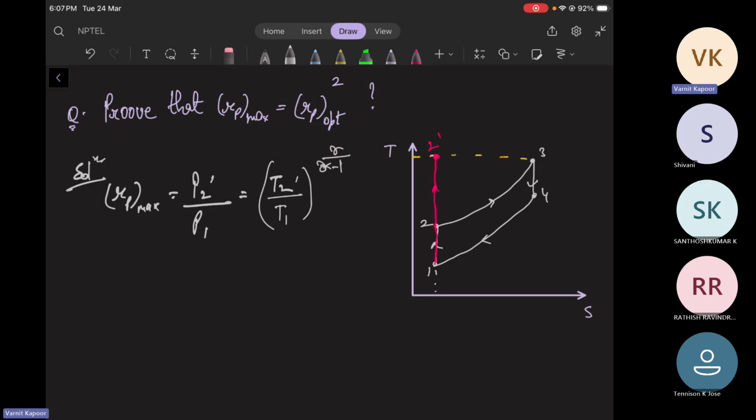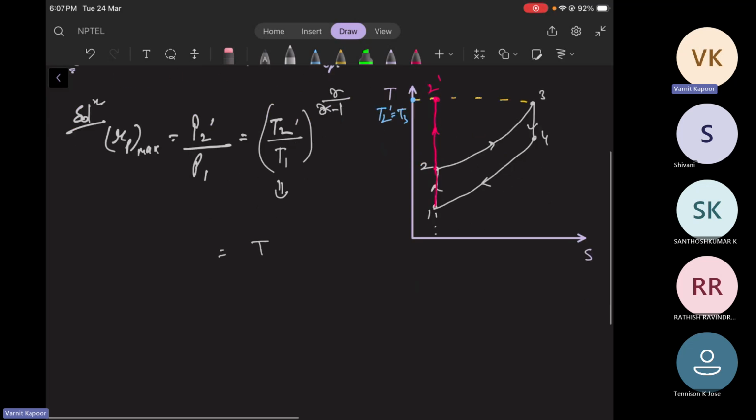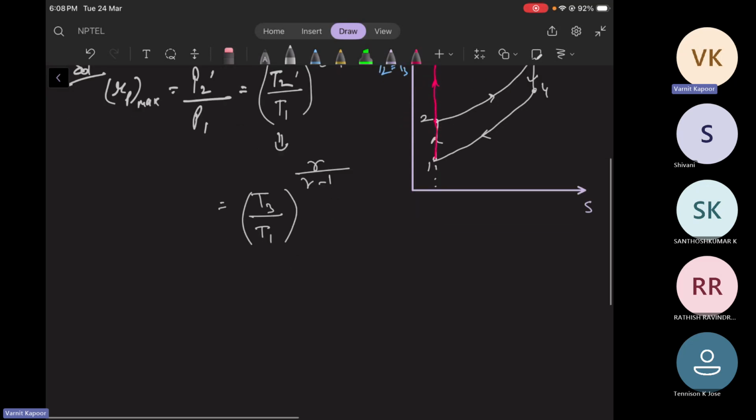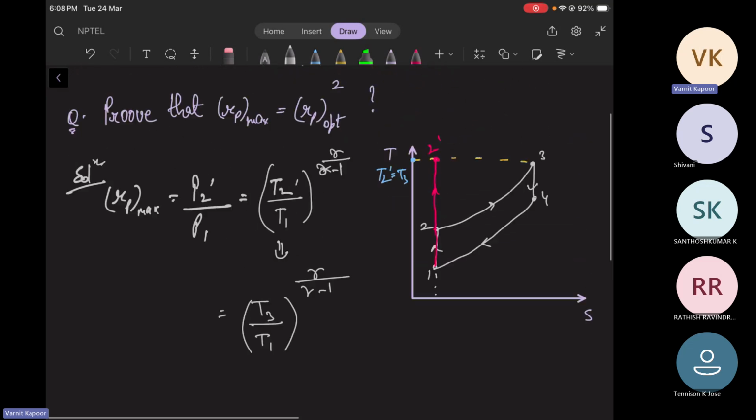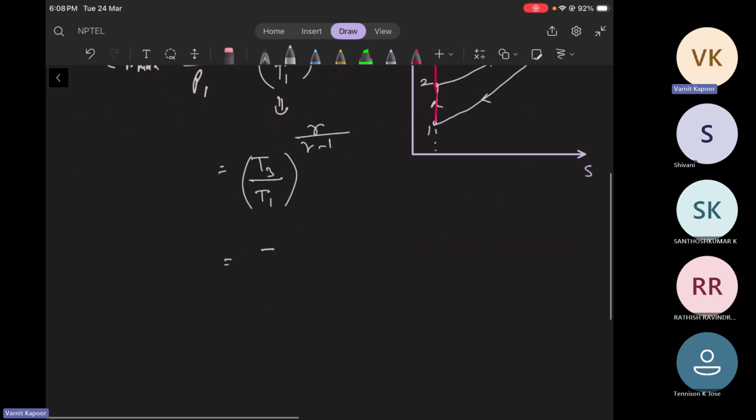At this point, T2 dash is equal to T3, so we can also write this as (T3 by T1) to the power of gamma by gamma minus 1. T3 is nothing but the higher temperature of the cycle and T1 is the lower. Again, it is (T higher by T lower) to the power of gamma by gamma minus 1.